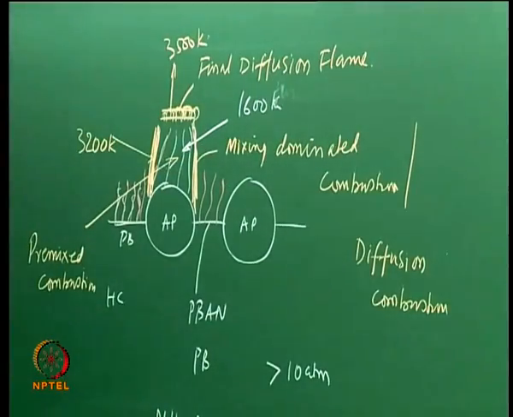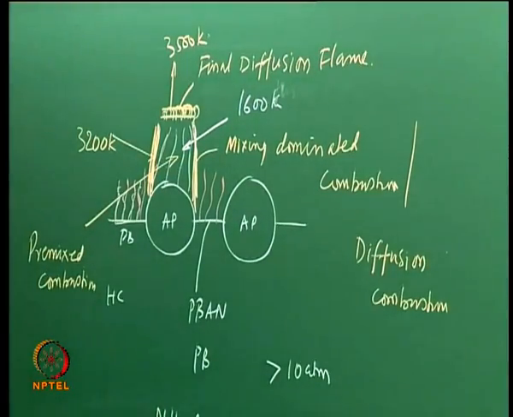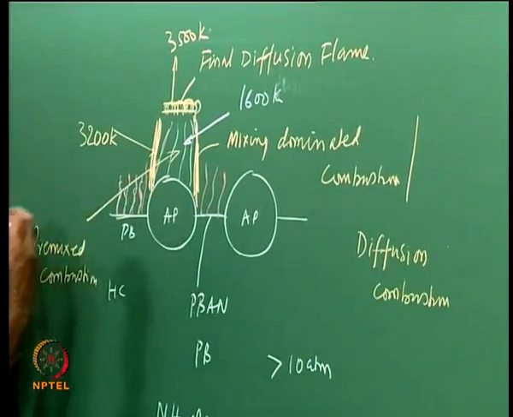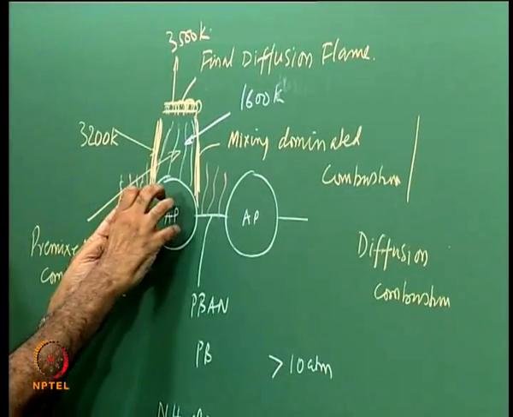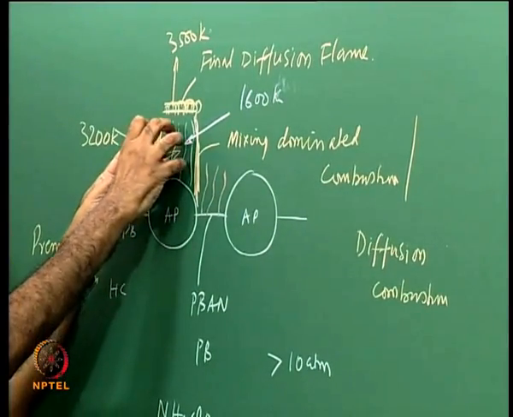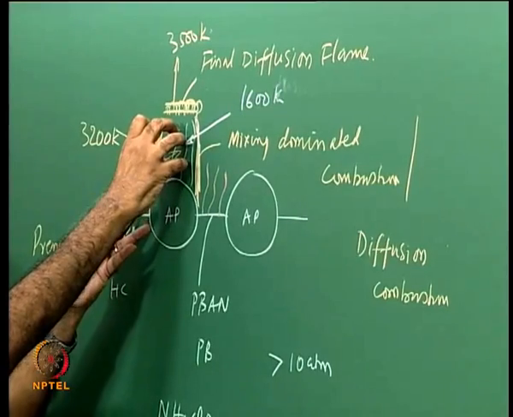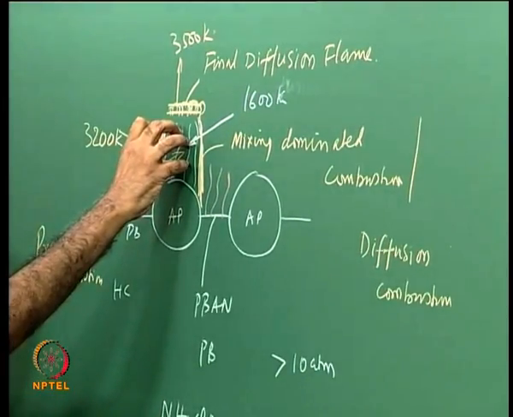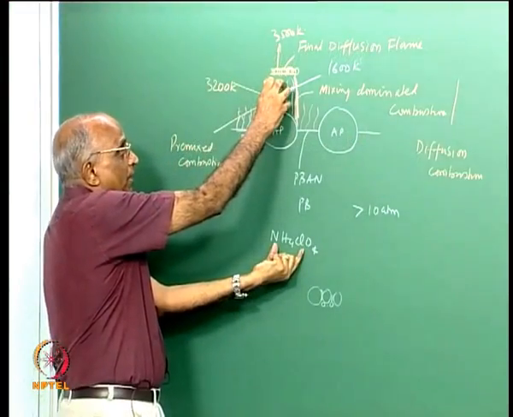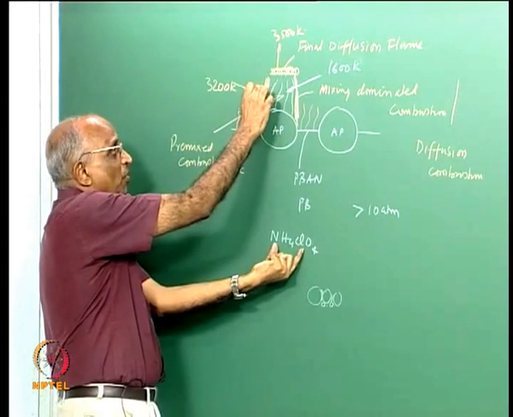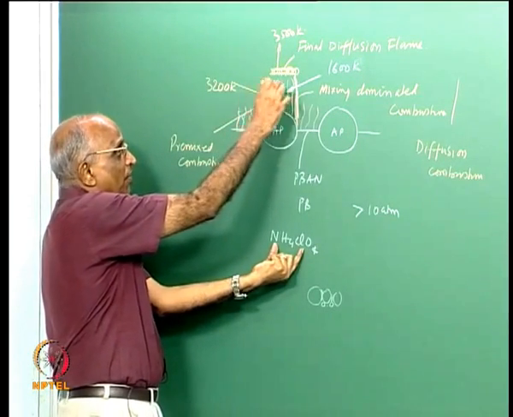Therefore, what is the picture I am trying to draw? I am trying to draw a model in my mind wherein I have AP getting the oxidizer rich products which are essentially decomposition products which are premixed, they form a diffusion flame over here, the first diffusion flame.